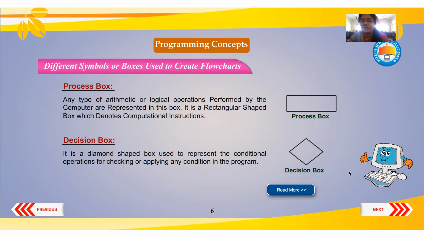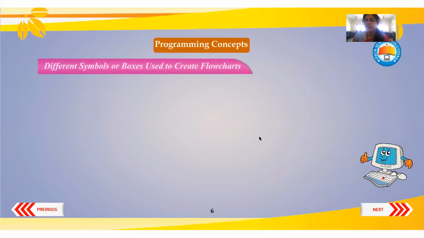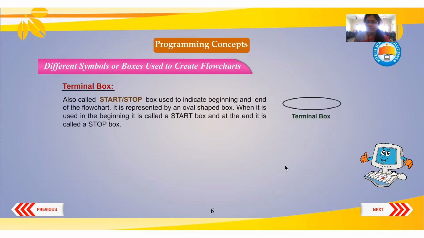For example, your parents give you a task of going to the market and getting some groceries, right? So what are you supposed to do? What will be the input? Your mother is going to give you a bag to carry all the groceries, and money, correct? These are your inputs. So where will your inputs come in? Your inputs will be in this parallelogram box, correct?